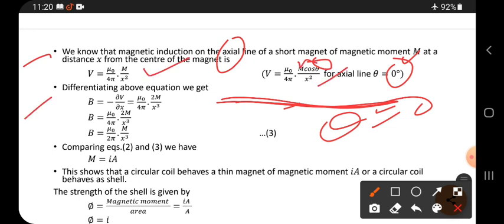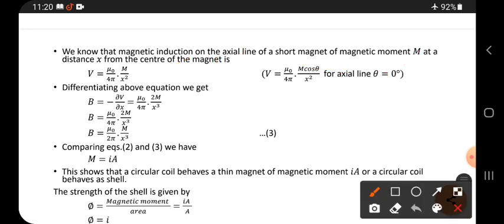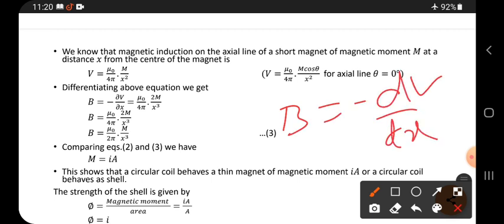Differentiating the above equation, there is a relation between B and V as B is equals to minus dV by dx. In the place of V, substitute this value and differentiate V with respect to x.